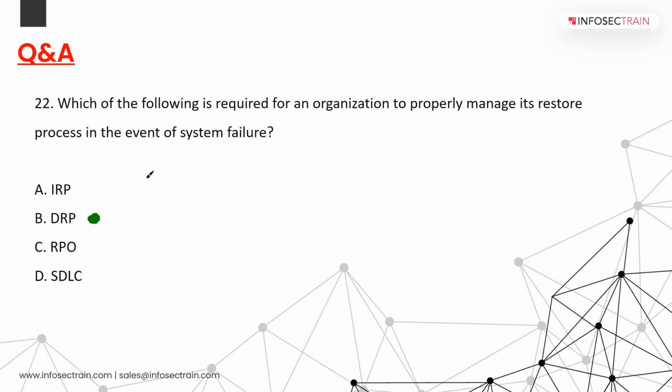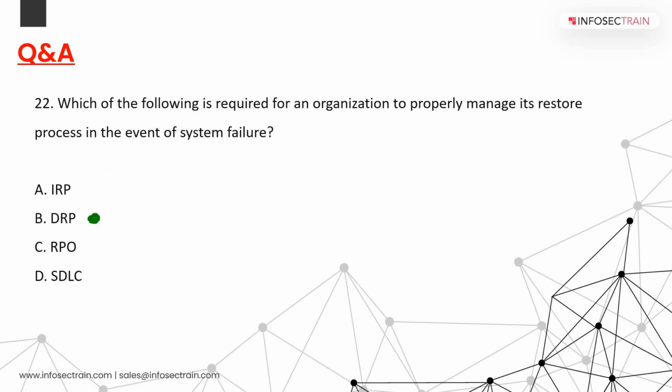Then you have, guys, something called the RPO. Any idea what an RPO is all about? Exactly, it's the Recovery Point Objective. It talks about the maximum amount of data loss that an organization can tolerate after a cyber attack or any kind of attack that has taken place.